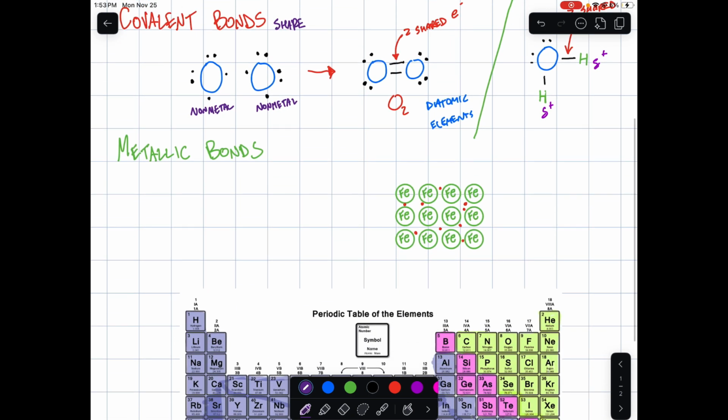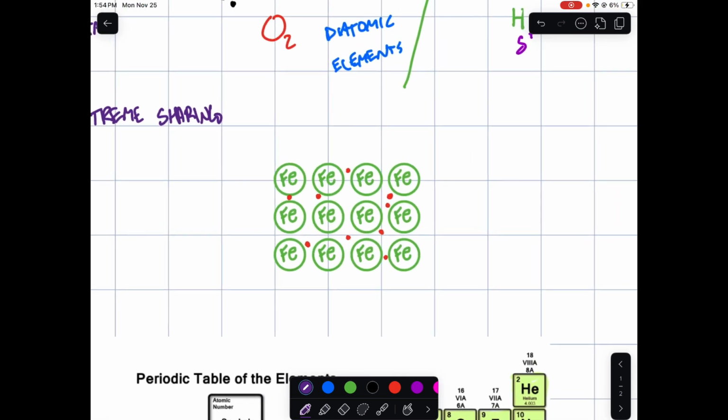Metallic bonds, on the other hand, is the extreme sharing of electrons. Okay, so in this case down here we have iron.